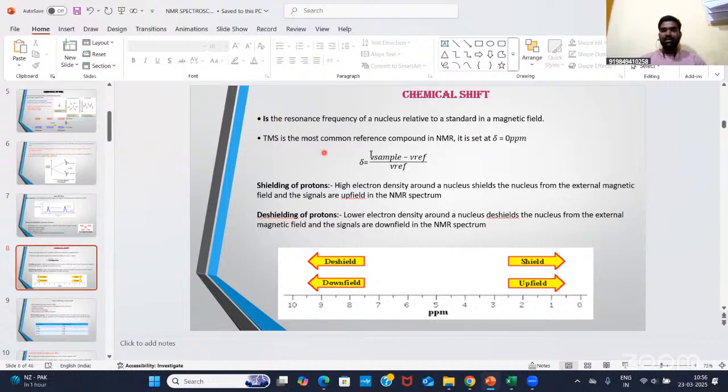You can observe TMS is the most common reference compound in NMR, which is set at delta equals 0 parts per million.